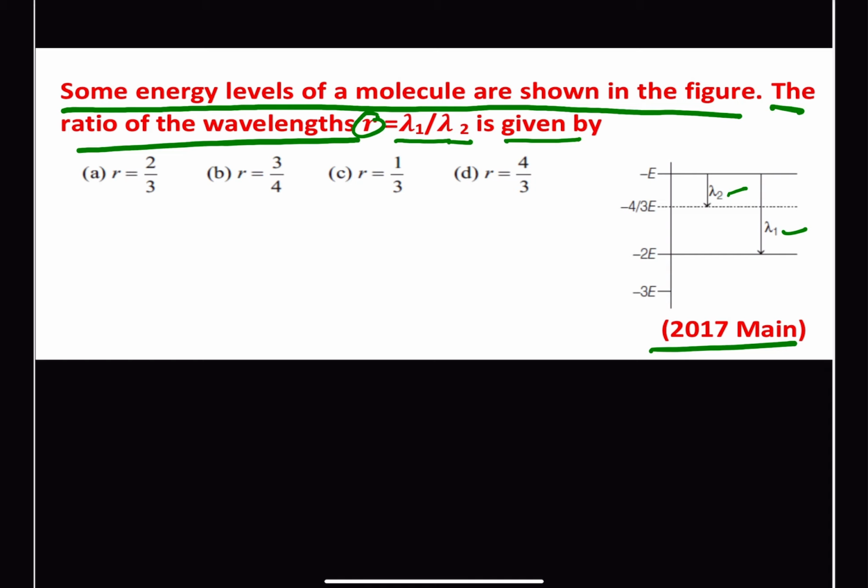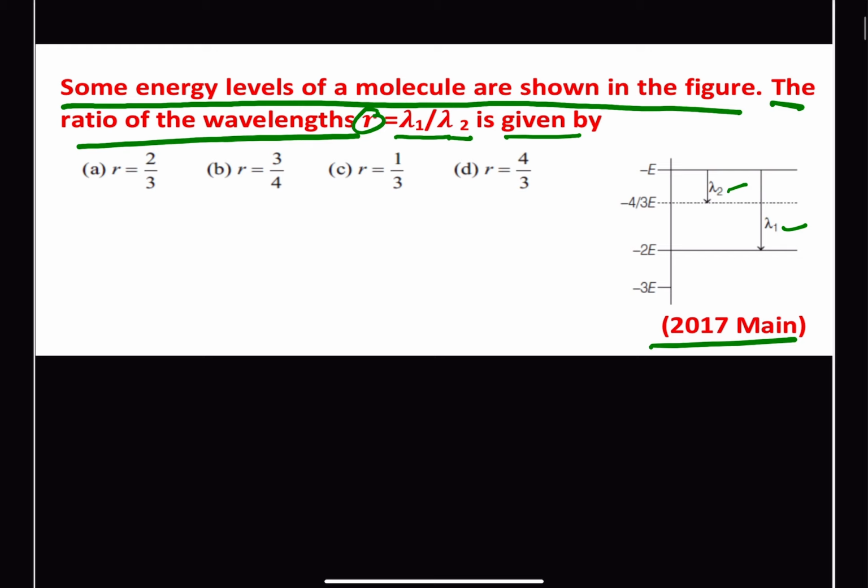So we know the basic formula, which tells us that the difference in energy level, delta E, will be equal to hc upon lambda.